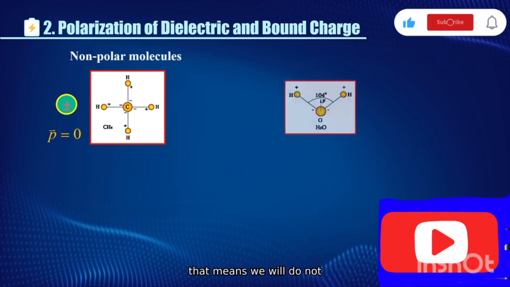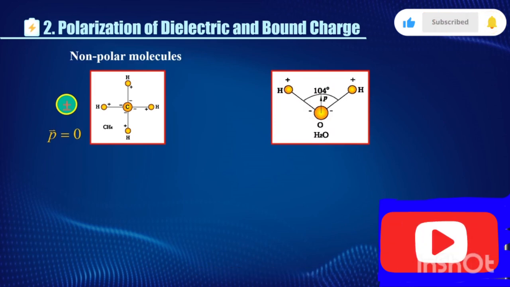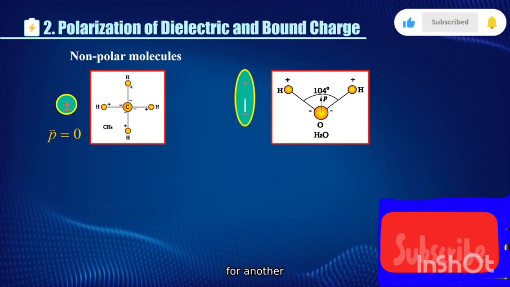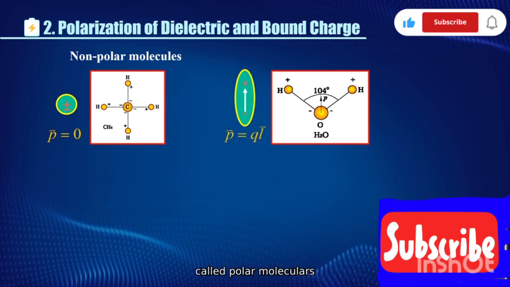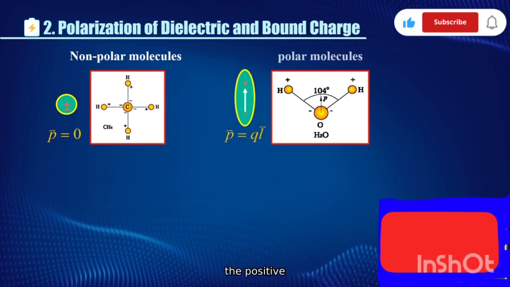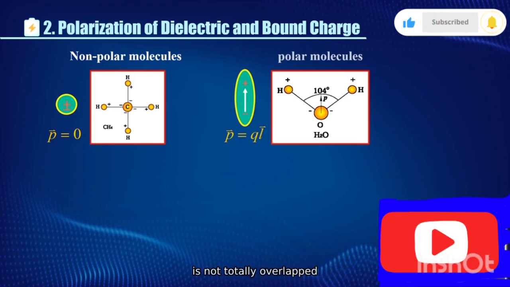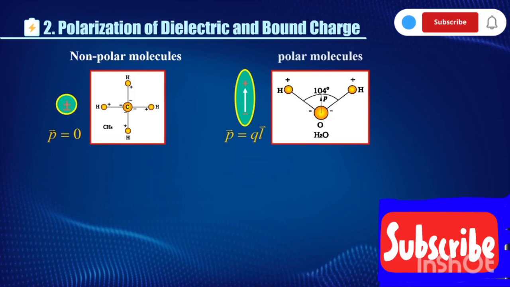That means we do not have a net electric dipole. However, for another kind of molecule, called polar molecules, you will find that the density distributions of the positive and negative charge do not totally overlap, which means we have a finite electric dipole moment.